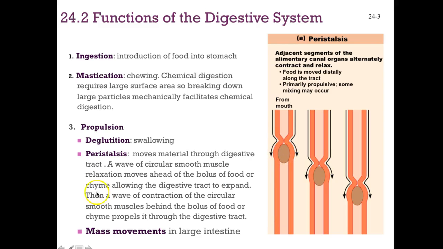Once we get into the stomach, we call that food chyme because it's a little bit more liquefied. So anyway, the whole process of peristalsis is to contract those smooth muscles to help propel that food further down the digestive tract. And then we have our mass movements in the large intestines.